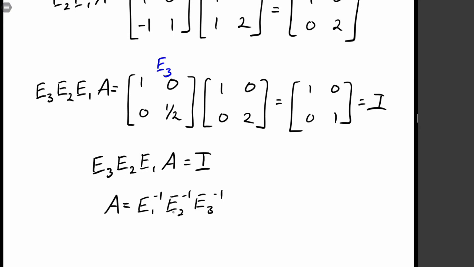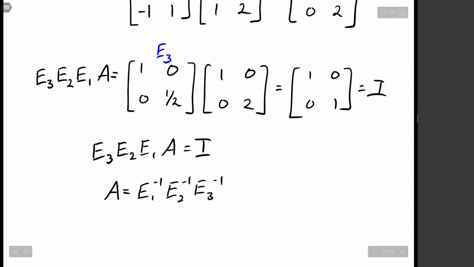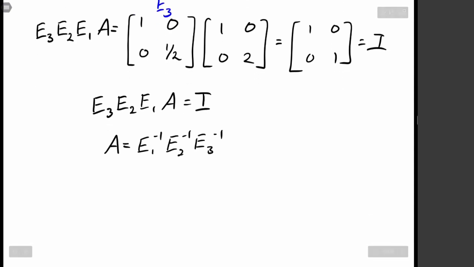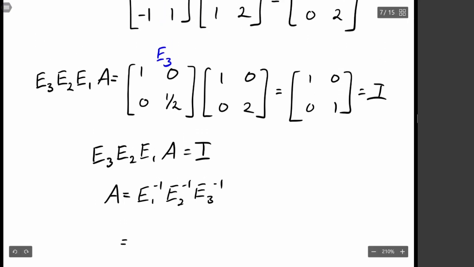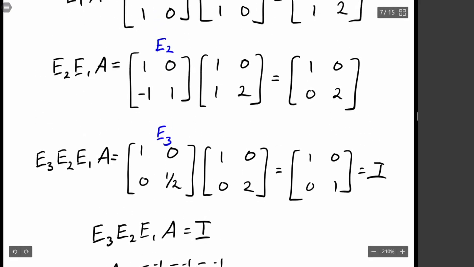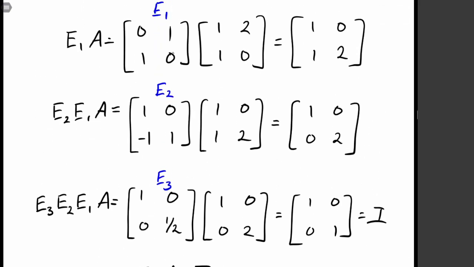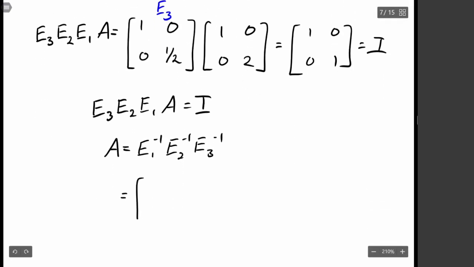So we see those show up in the opposite order. And now we can say here that A is the product of E1 inverse. Well, this is a swapping of rows, so it's its own inverse.